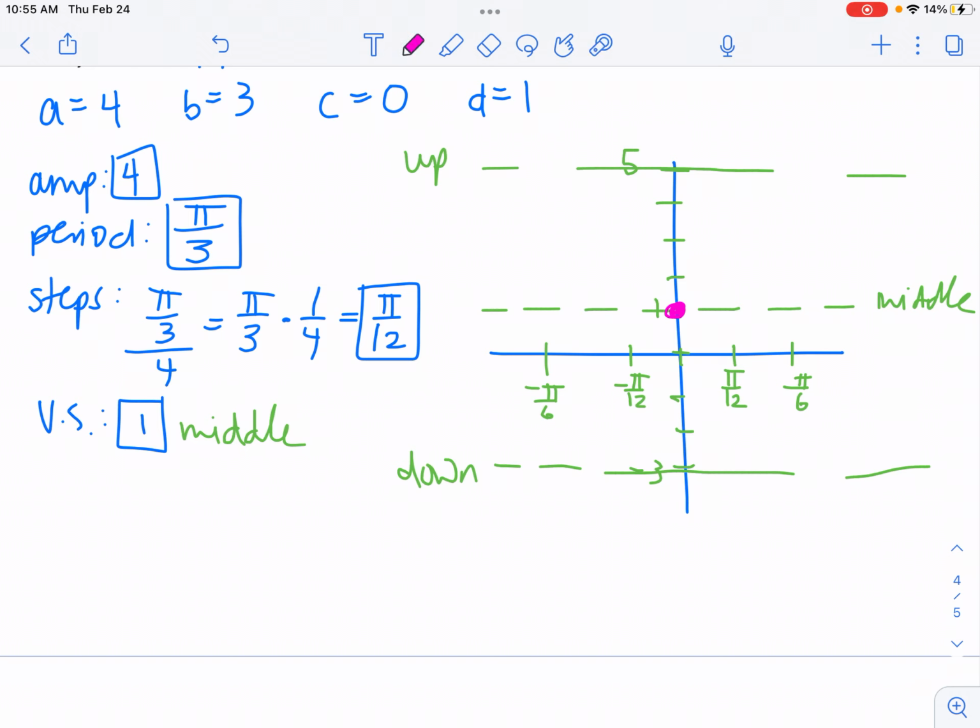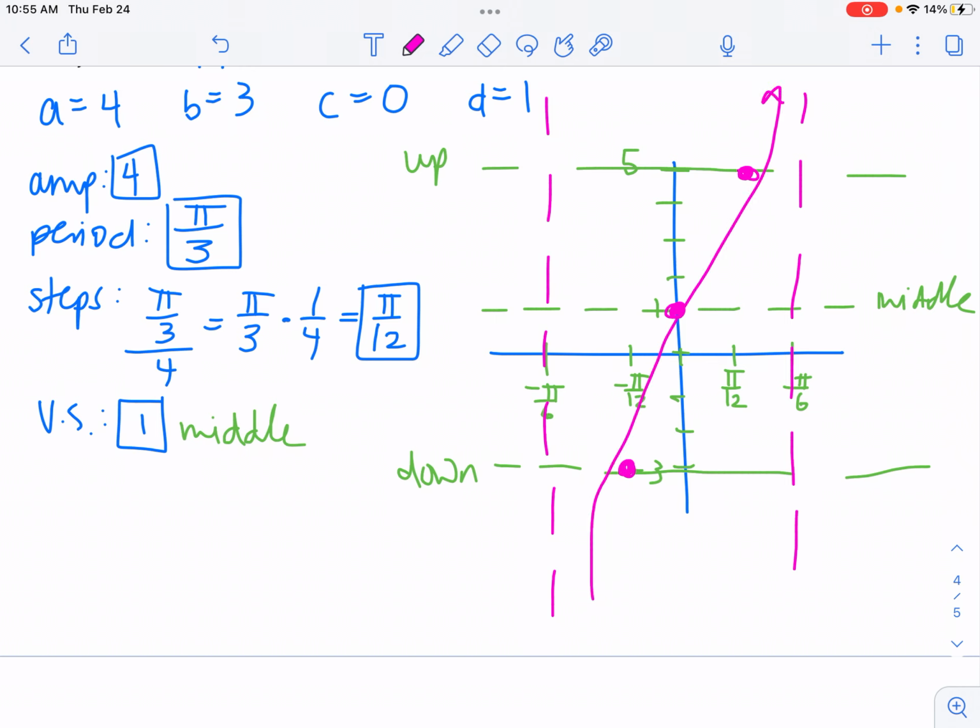You go to the right, which goes up, and then asymptote. Go back to the middle. Your next step is going to go down, and then asymptote. Connect the dots as best as you can, and there's your graph. So this one had that vertical shift.